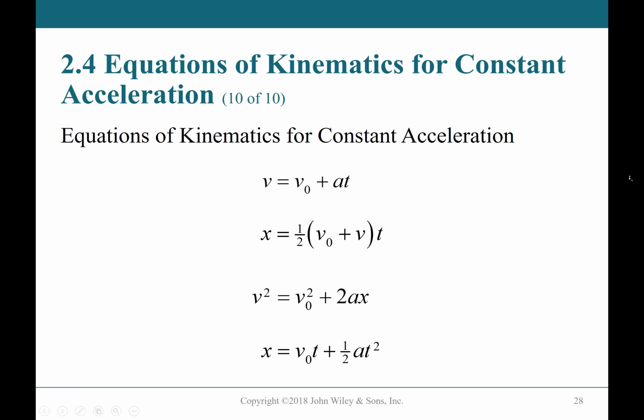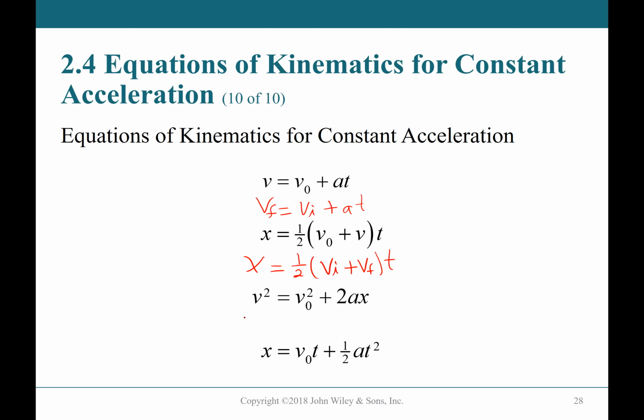Now, before I go forward, I want to review these equations. So we said that the final speed, v sub f, is equal to the initial speed, v sub i, plus acceleration times time. Then we said the displacement, x, is 1/2 the initial speed plus the final speed times the time.